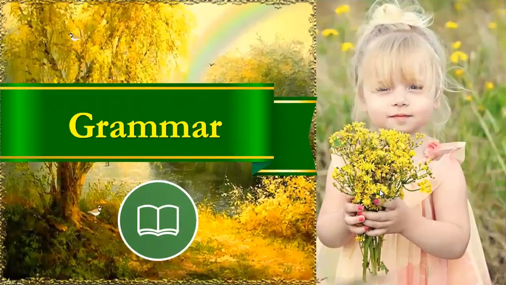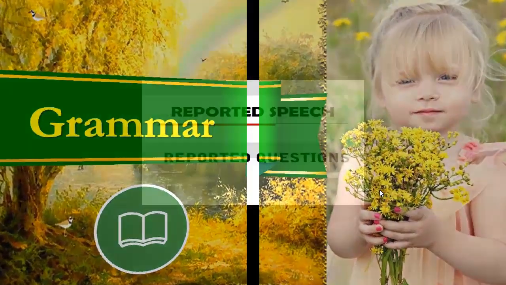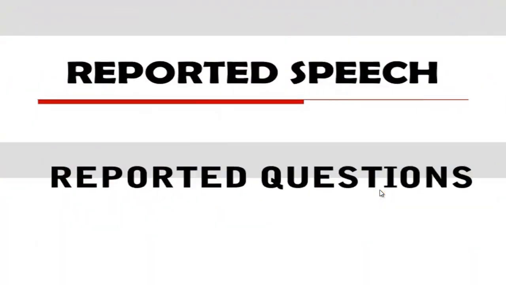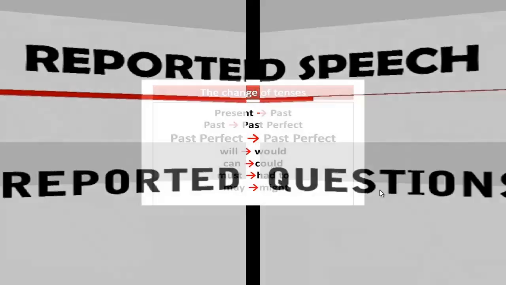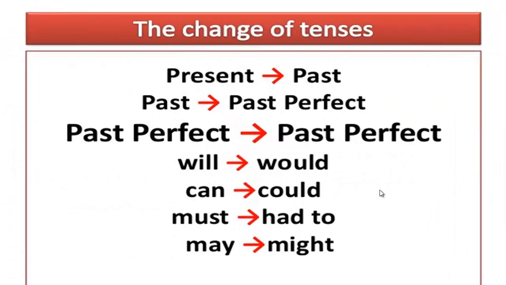Many thanks. This is a grammar lesson today. It's about reported speech, reported questions. Remember, my dear students, here the change of tenses. When you report a sentence, you should change the tense from present to past, from past to past perfect, from past perfect to past perfect, the same thing.